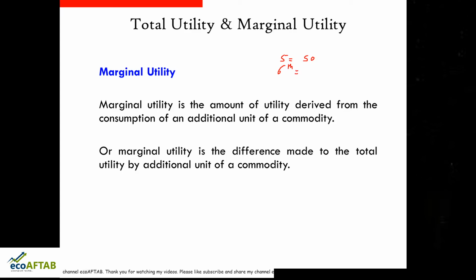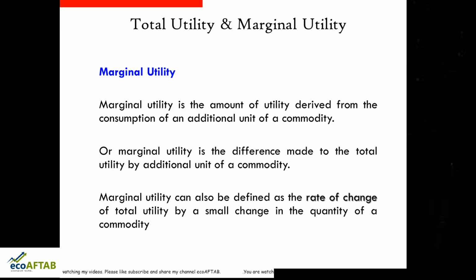From 6 units of the commodity, my total utility is 60. So what is the difference? 60 minus 50, that is 10. So this 10 utils I am getting from the additional unit, and which is the additional unit? It is the 6th. So from the 6th unit, how much am I getting? I am getting 10 utils. So this 10 becomes our marginal utility.